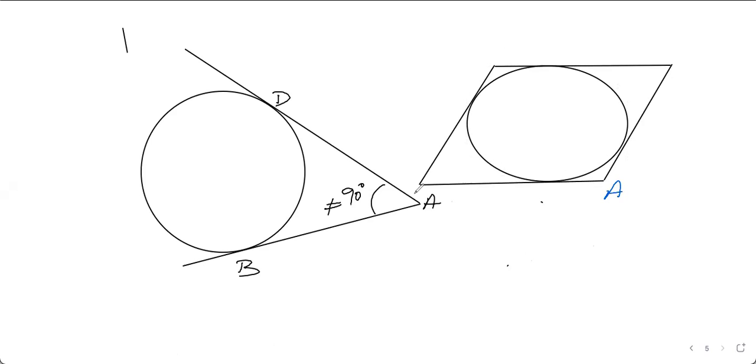If this is B, this is B, this is A, this will be C, and this will be D. So this segment, this segment, this segment, they will all be congruent. Similarly, this segment, this segment, this segment, and this segment, they will also be congruent.